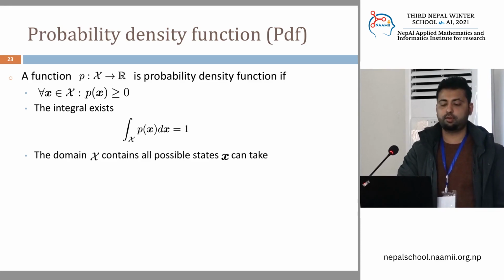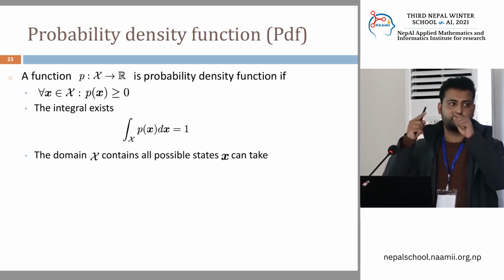Because if you imagine this, you want to keep the area under the curve equal to 1, and then you keep reducing the breadth, then you would make this curve peakier and peakier.